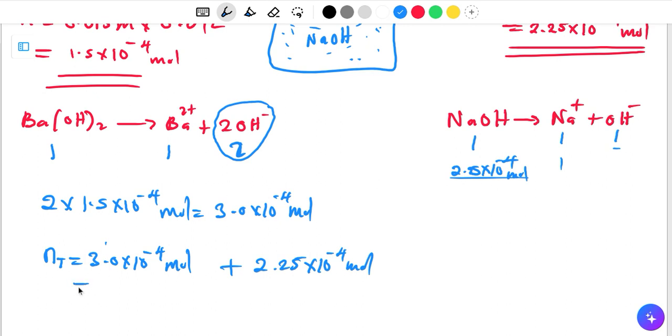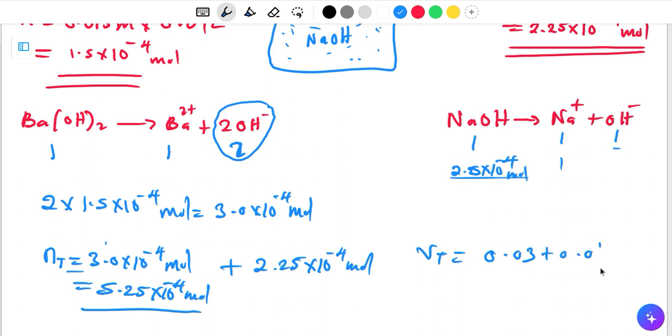Then when I add, I'm going to get 5.25 multiplied by 10 to the power negative 4 moles. So this is the total number of moles. What about the total volume? Since volume is also additive, we have 0.03 plus 0.01, which is approximately 0.04 liters. So this is what we have.